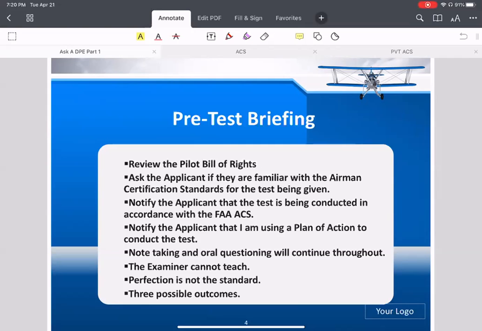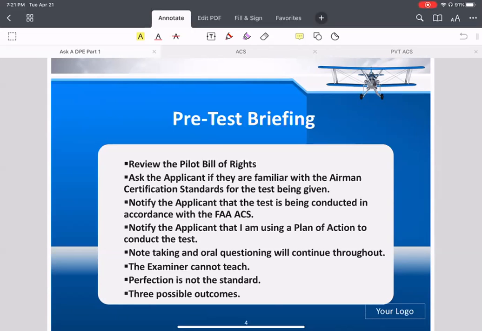We can, say, if we got interrupted in the maneuver, which happens all the time in the practice area. All of a sudden, we don't like that traffic is getting a little closer to us than we originally thought it was going to be, and I discontinue the maneuver because of traffic or a bird or whatever. I can ask you to do it again. So if I'm unsure if I've been able to see the entire maneuver, I can ask for you to repeat it, but you cannot ask me to have you repeat it.